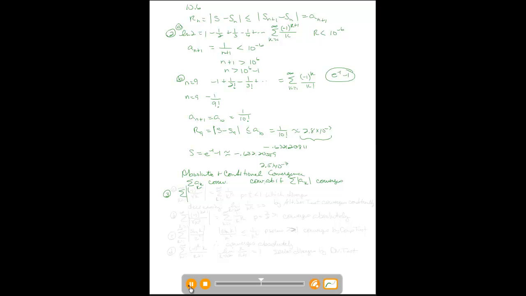So let's look at number 3 and see if I can fit these all on the same page. 3a, we have the summation k equals 1 to infinity, negative 1 to the k plus 1 over the square root of k. It says, determine whether the following series diverge, converge absolutely, or converge conditionally.